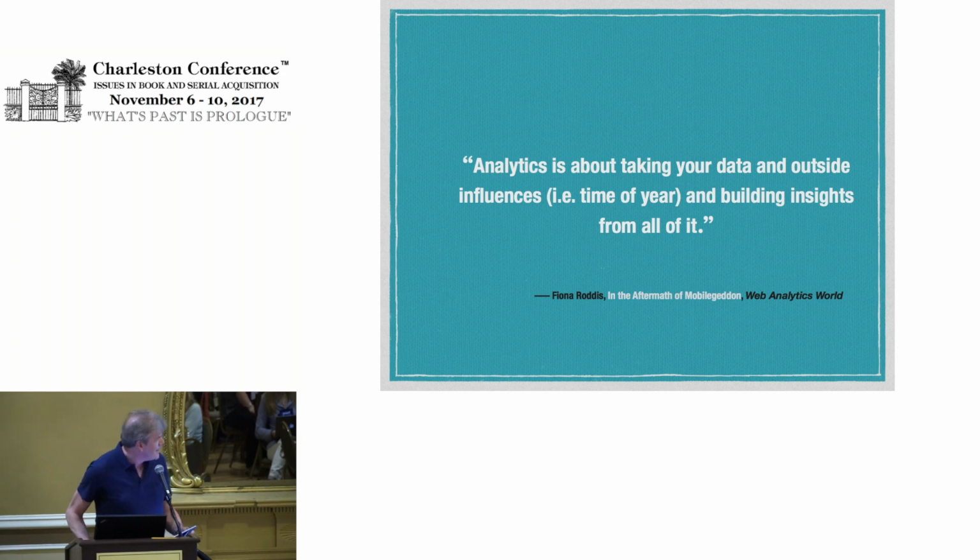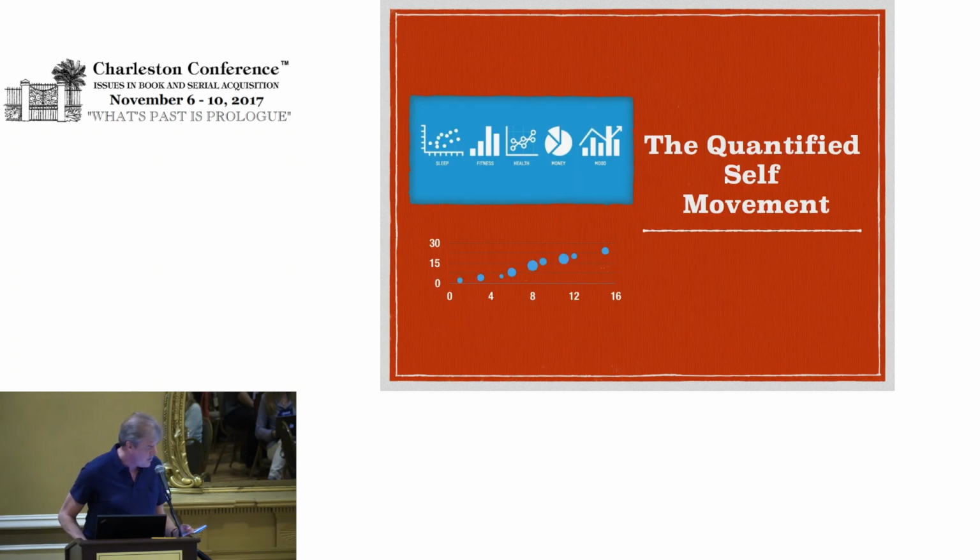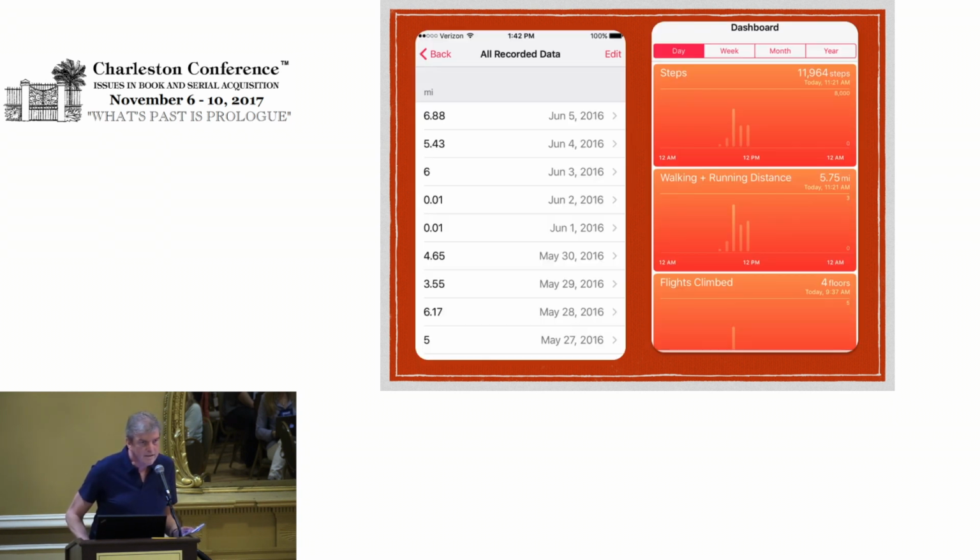So where do you start? Before you analyze data, you want to collect it. The first thing I looked at was the quantified self movement. The entrepreneurs got behind this. It's tracking really everyday activities. In my case, it was walking.